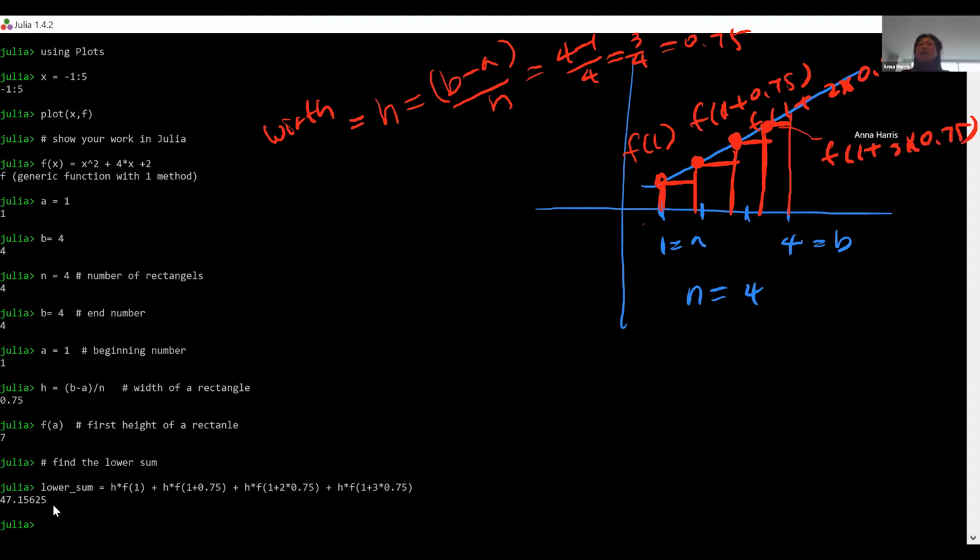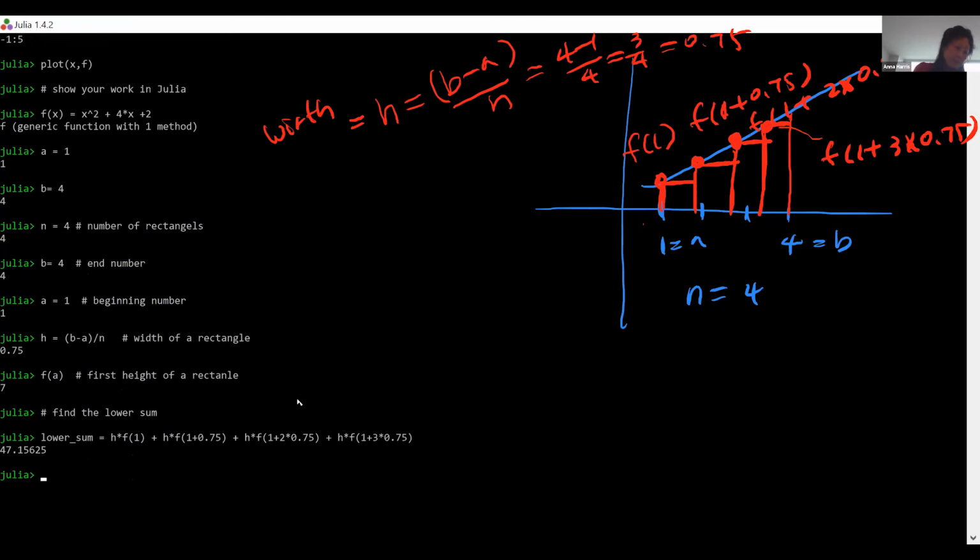All right, so that's what I just did over here. So that is the lower sum. You're done with the work. Using a calculator is useful because you get to do all this work instead of doing one by one. You can just plug it in like this and you'll be done.